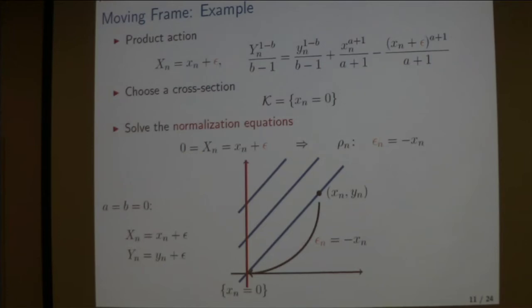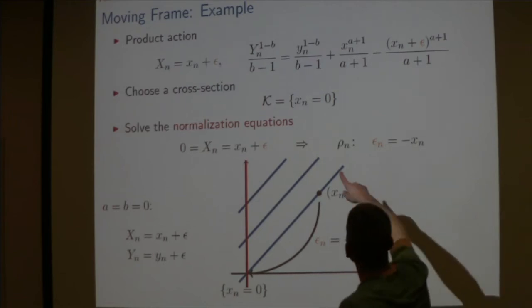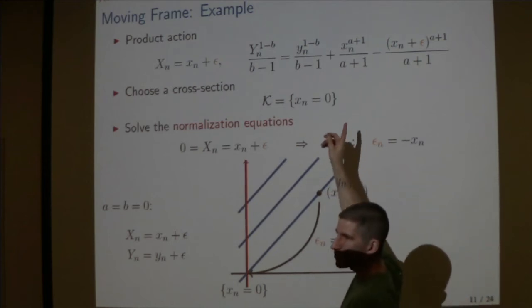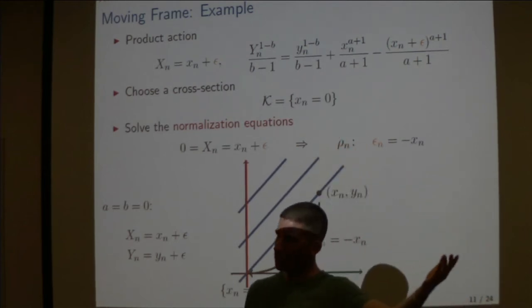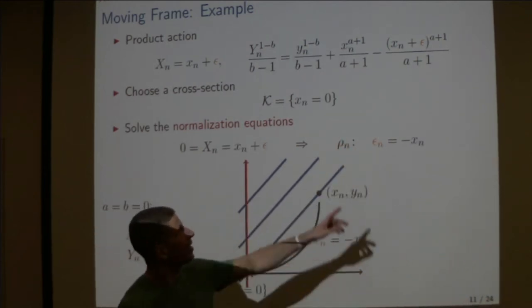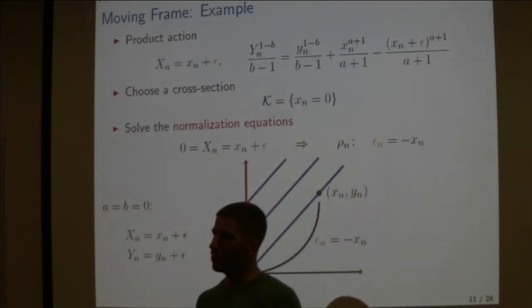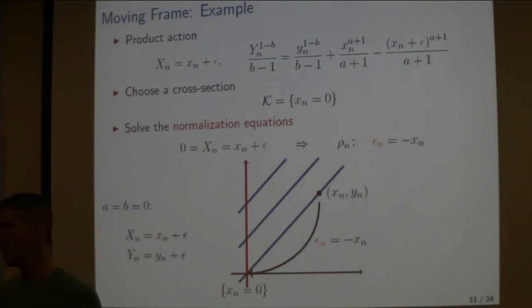The thing is that in this case you would have negative x plus epsilon on the right, and for the y you would have this big expression here. Now you would need to solve for epsilon. You would have an epsilon on the right and an epsilon on the left, and the epsilon on this one is raised to possibly a power, so it becomes more complicated to solve.